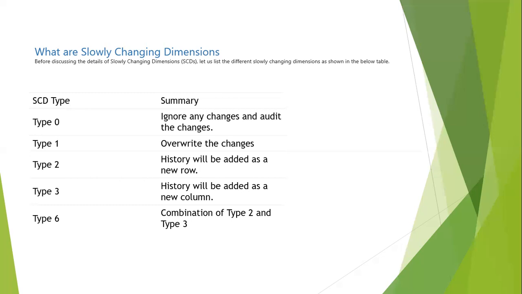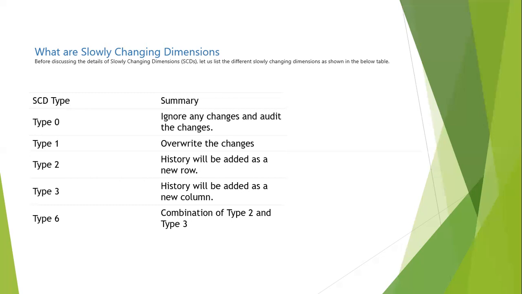If I move to other states like Texas, the previous version will change, the flag will be changed, and the Texas record will be stored as the current version. It means that if anyone needs my entire history, they'll be able to track it along with this type 2 dimension.